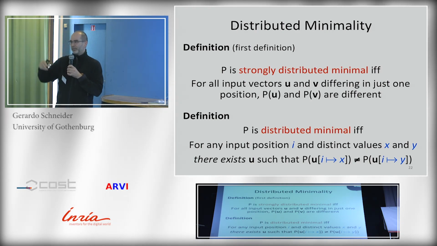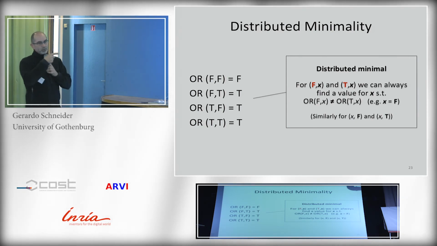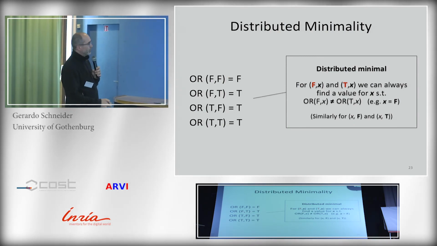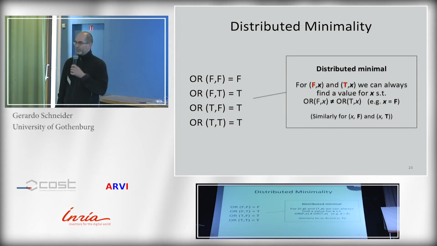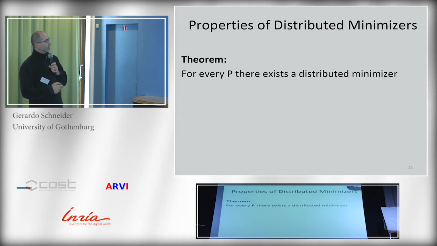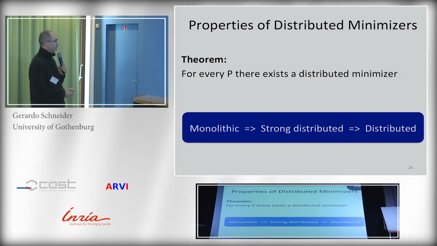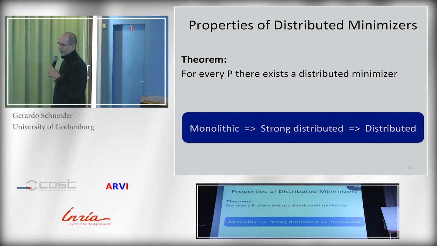And indeed, this definition captures this, and the OR is now distributed minimal. Given the situation that we had before, I can always find a value for X to make this output different. So we are happy with that. We also have results saying that for any program there exists a distributed minimizer, and we have a relationship between these three notions. Okay, so far so good.